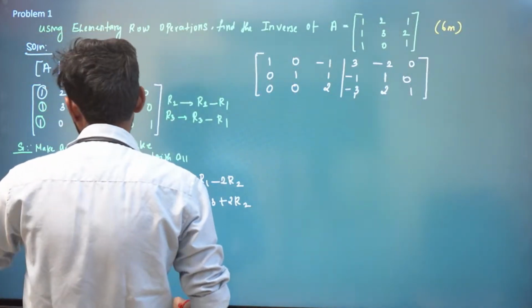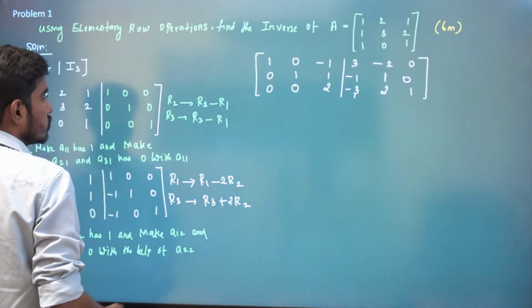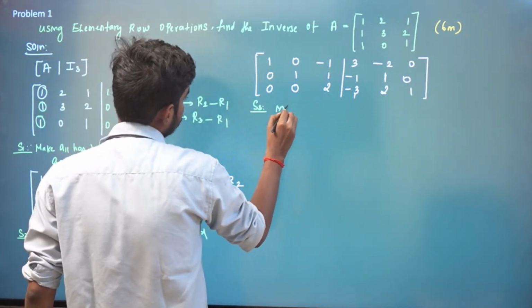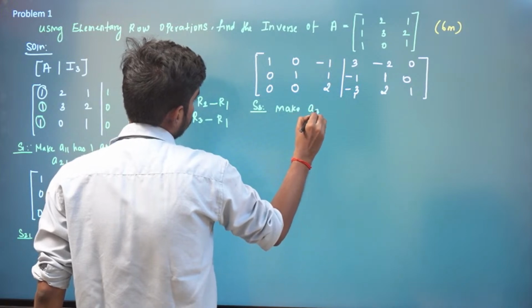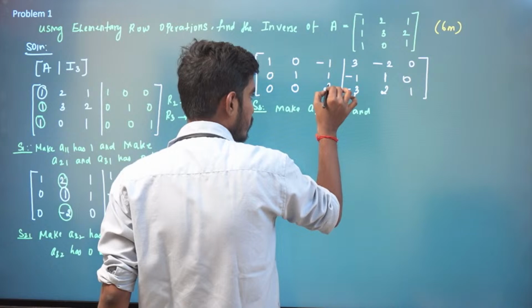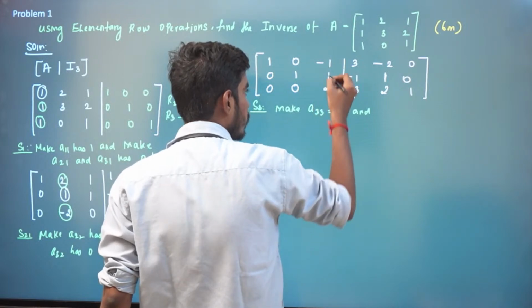Now what is our step 3? Step 3 is to make A33 equal to 1, that is, this element as 1, and these two elements as 0.